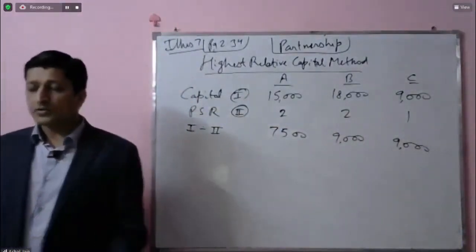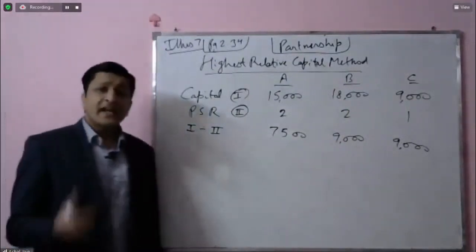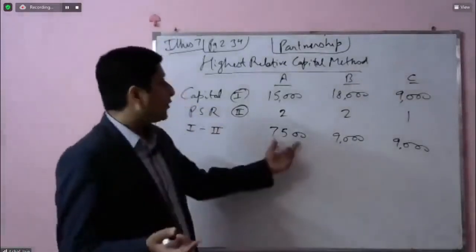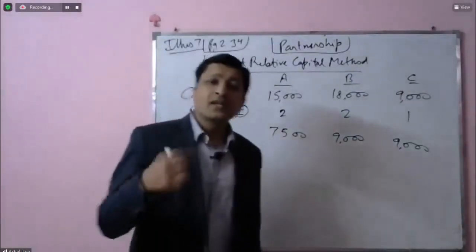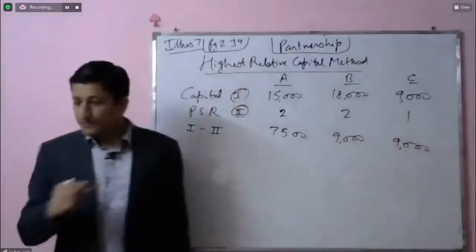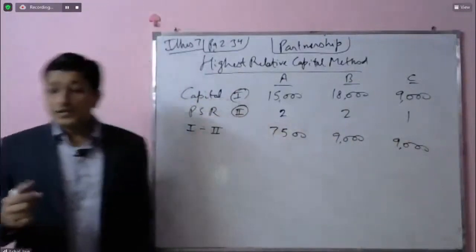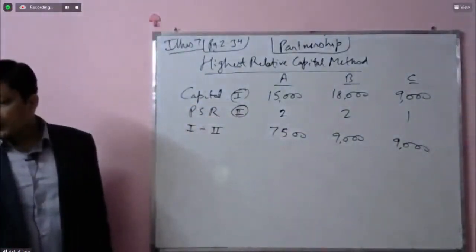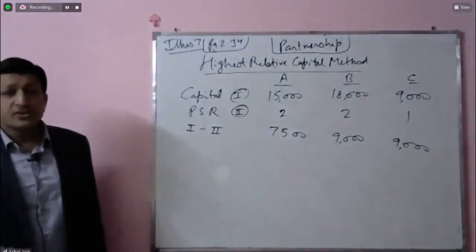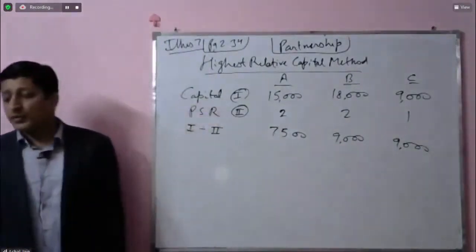Moving further on to this, whichever partner has got the lowest capital over here, that should be considered as the base, and that should be the base using which another amount is required to be computed.